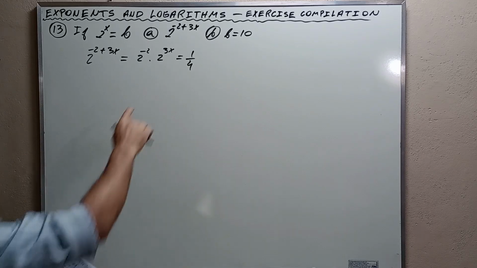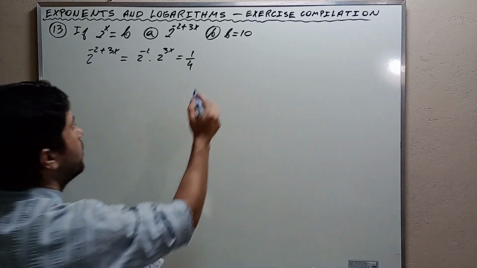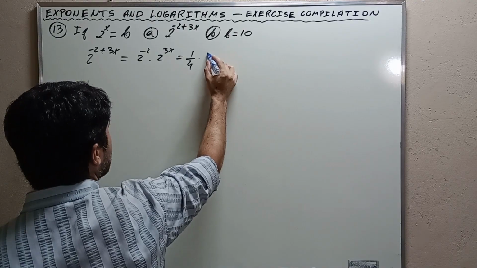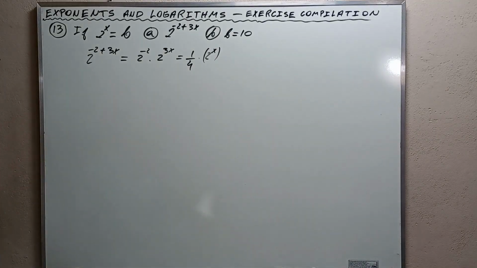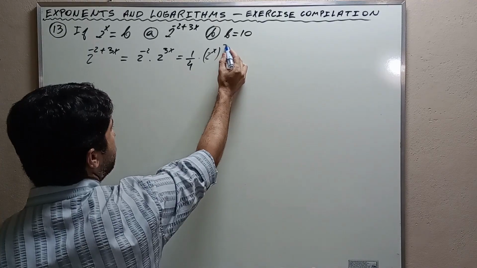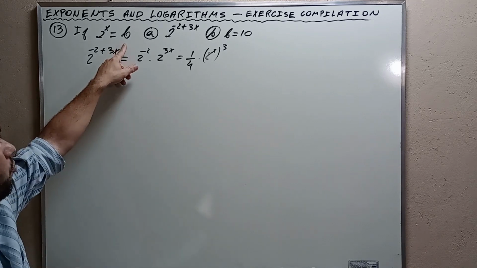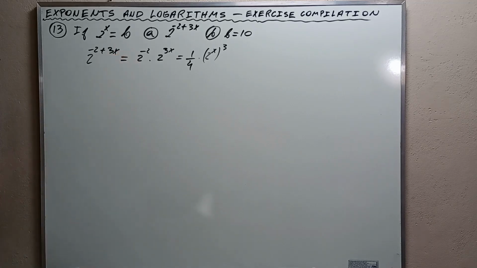And how about this term here? We are going to isolate 2 to the x, and it all raised to the power of 3, or if you prefer, it all cubed. And the exercise wanted us to use this 2 to the x equal to b, and we are going to substitute.